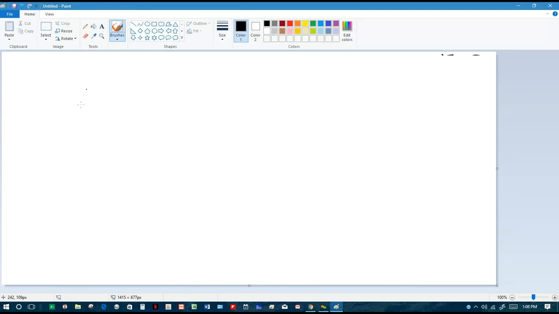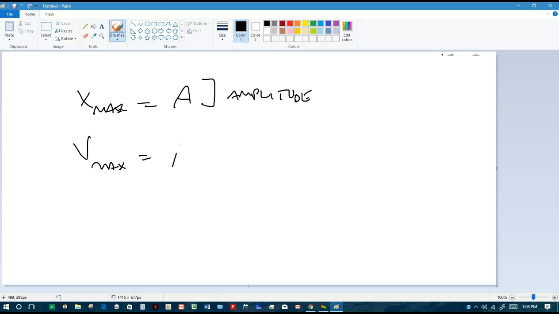Just pointing out that the maximum position is always the amplitude for this mass spring system. The maximum velocity is always the amplitude times omega, which is A times the square root of k over m.